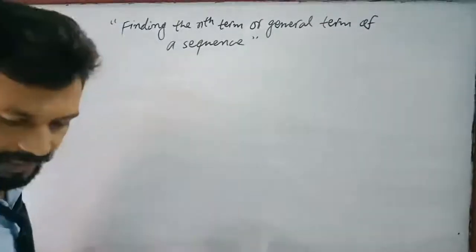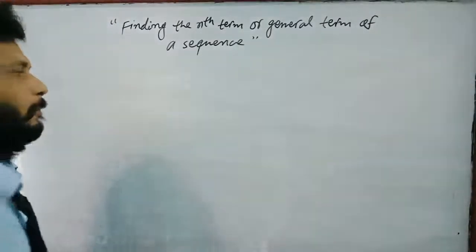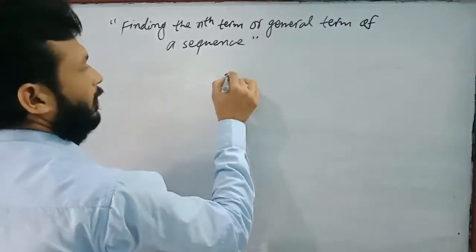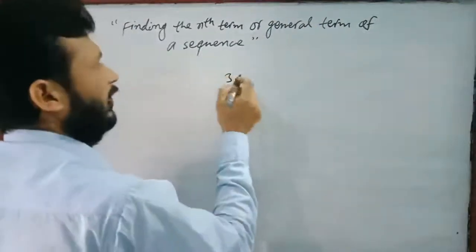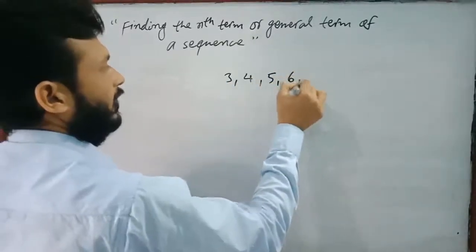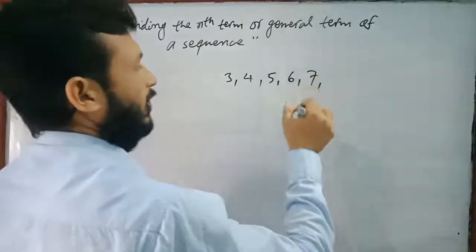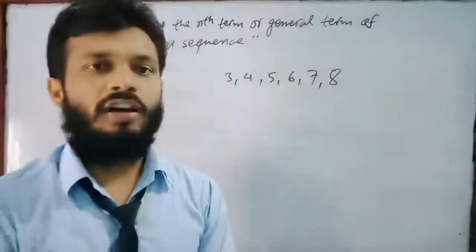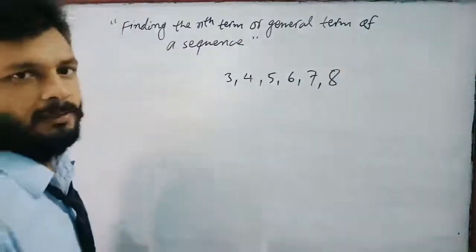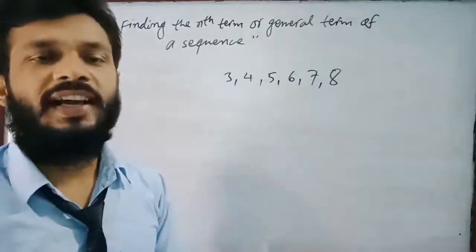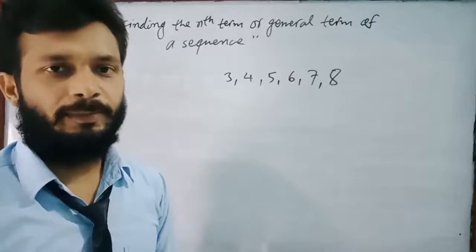Then how to find whether it is linear or not linear? Okay, let's see. 3, 4, 5, 6, 7, 8. This much. Is it linear or not? How to find? First of all, find the difference between any term and its preceding term.